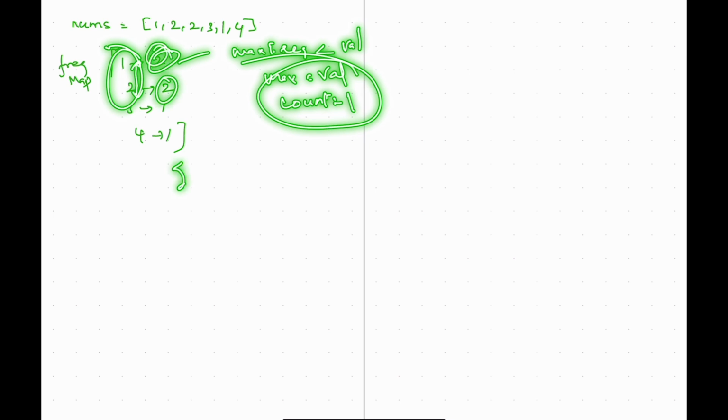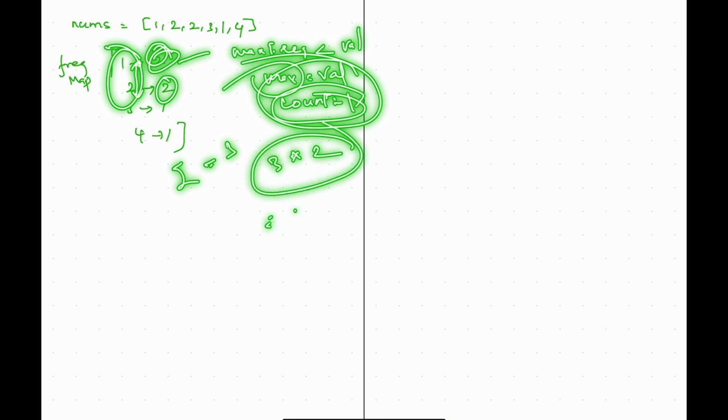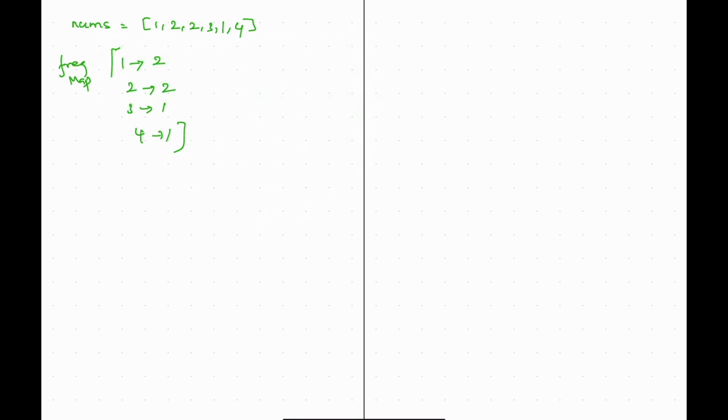So if 2 is present 3 times, you know the count is 3, and you know the max frequency, you can return 6 as the answer, right? And if the max frequency equals whatever value you are getting, then another element which has the same frequency exists. So yeah, this is the approach that we are going to use.